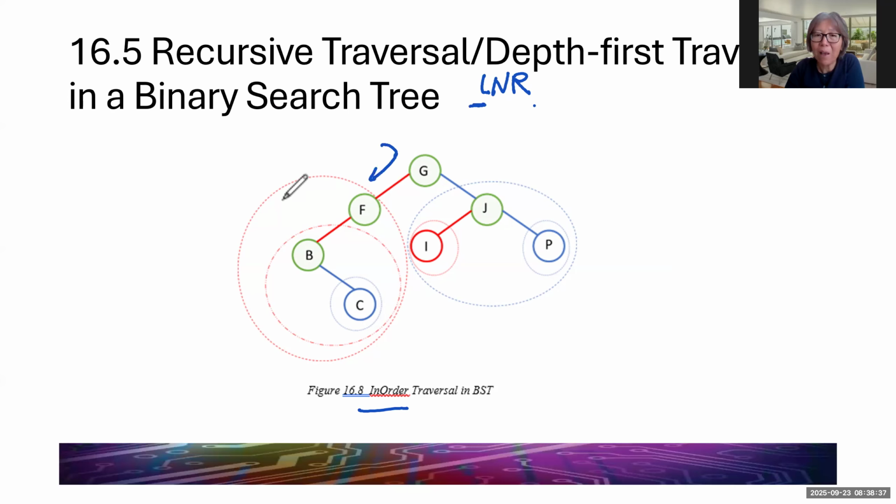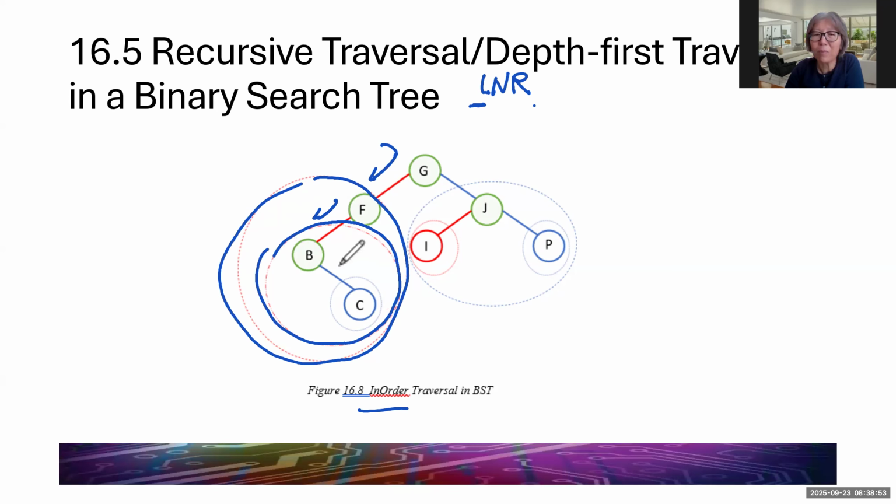So you go to the left subtree, which is this one, F. And then you are not going to stop, you go to its left subtree. With this left subtree, you go to left. Left is nothing, and then node, which is B. Then right, which is C. We stop. So this left tree is done.